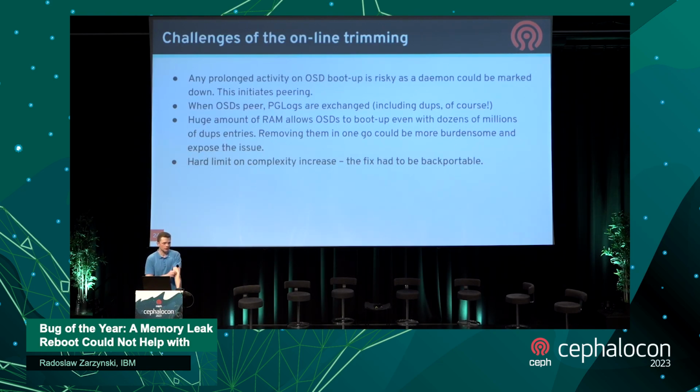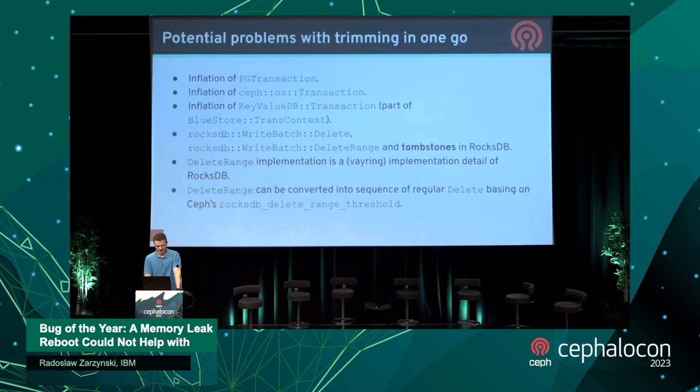We also imposed on ourselves a hard complexity limit. We wanted to have the fix as simple as possible. And actually, if somebody is interested in how it looks from the complexity point of view, that's the stack of all places where we must avoid inflation, where we must take care of some extra quirks, like generating tombstones in RocksDB.